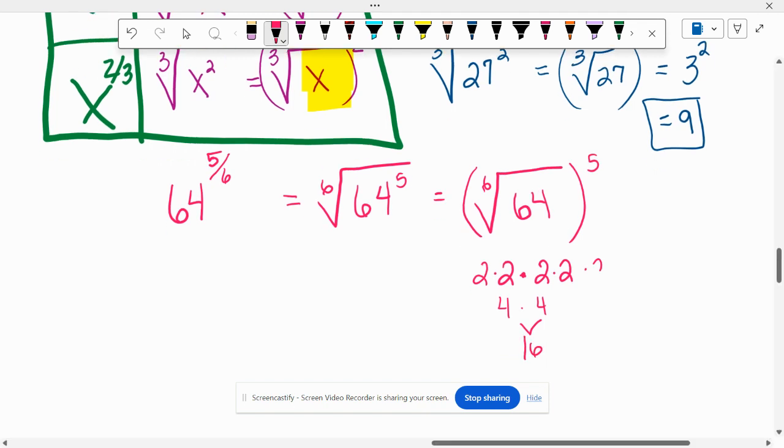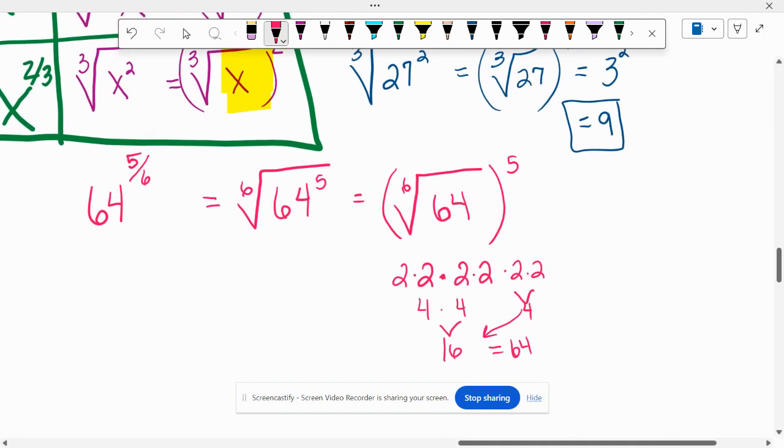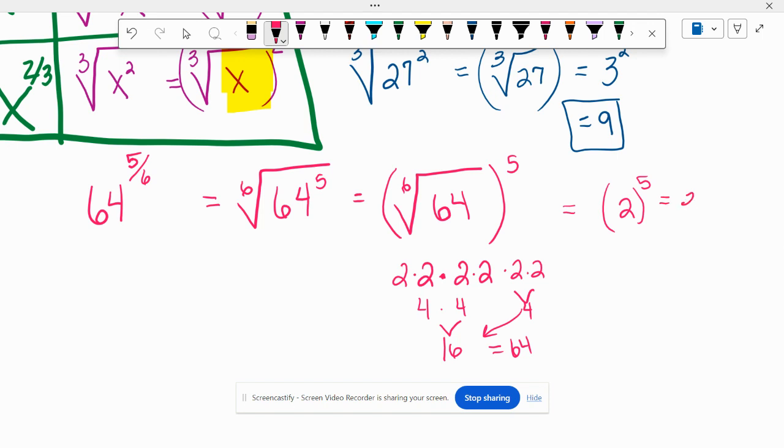Times 2 times 2, which is 4, and 16 times 4 is 64. So the 6th root of 64 is 2. So I take 2 to the power of 5, and that's 32.